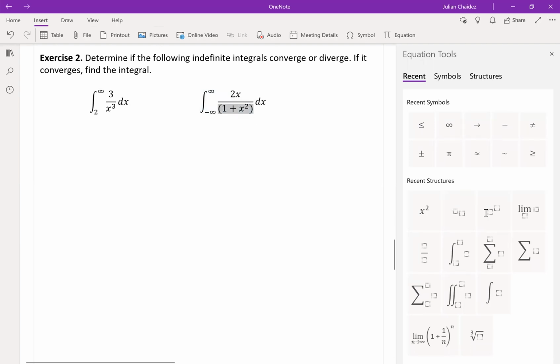Oop. All right. So okay, I fixed the integral. So please try that one. That one's, I think, a little more straightforward than the one I put before.